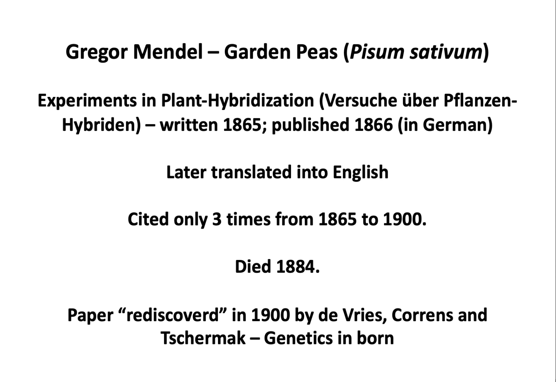So he died in 1884, thinking that no one had even noticed what he had done. But in 1900, 3 researchers independently rediscovered his work: De Vries, Correns, and Tschermak. And so, modern genetics had its start at that point.